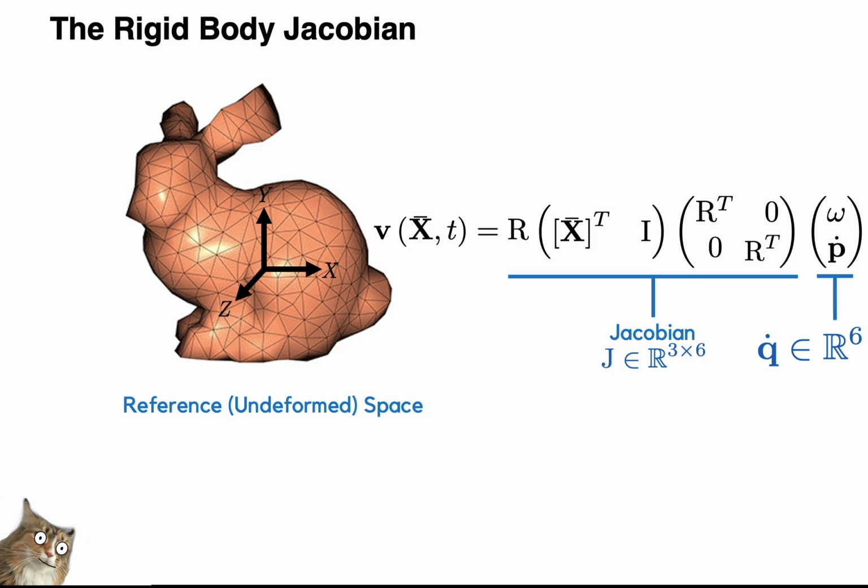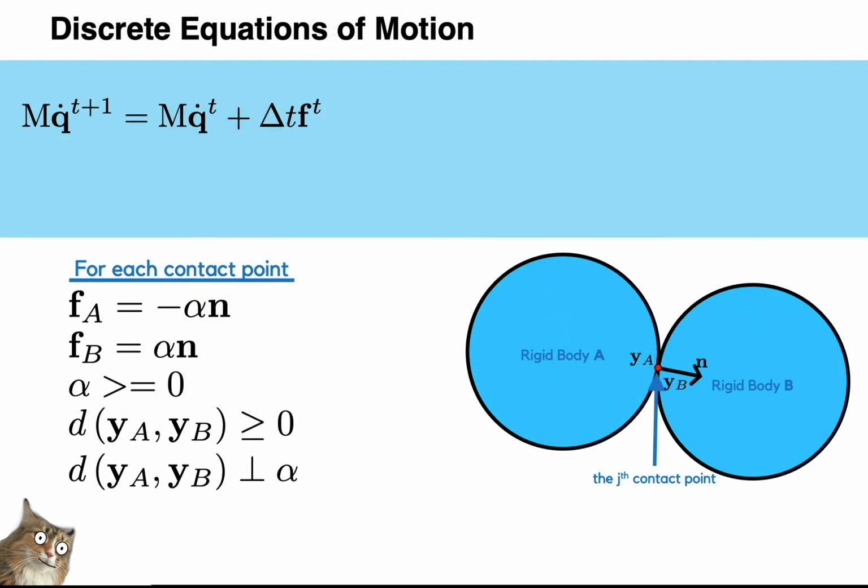Now we can use this Jacobian transpose technique to apply our contact forces. From our constraint equations, we know that our contact forces are given by a scalar value alpha times the positive or negative contact normal.